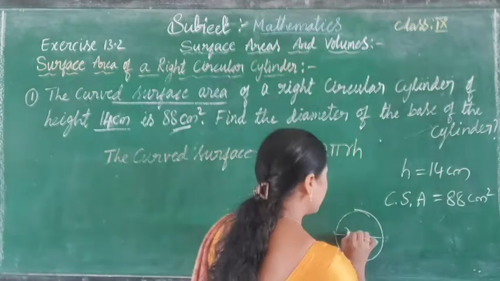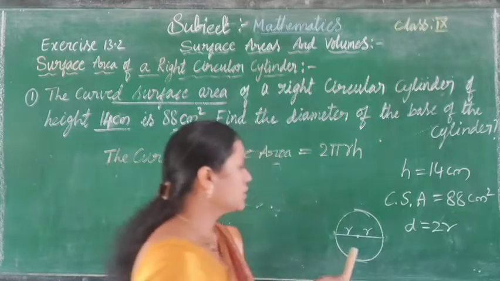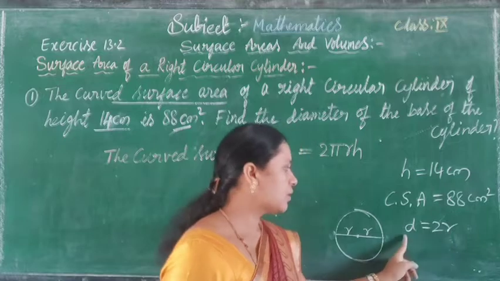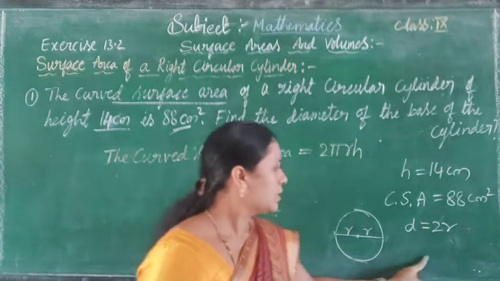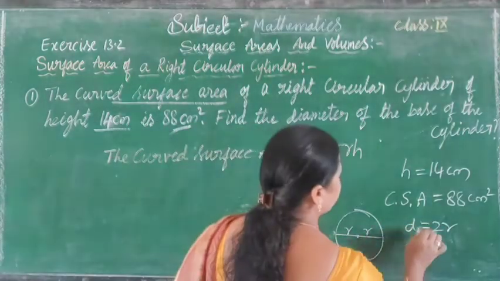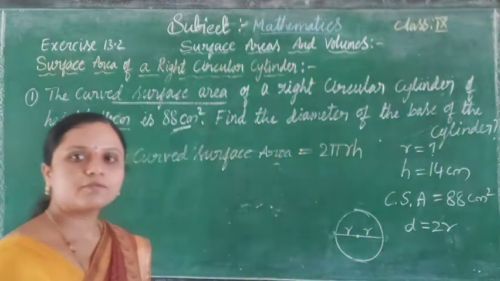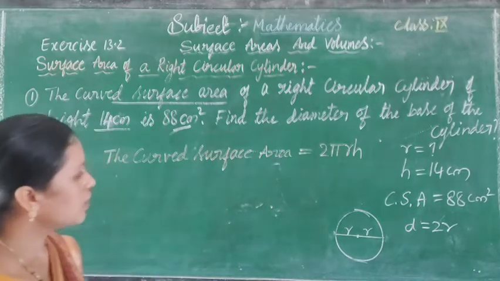Diameter is nothing but 2 times r, so r plus r. So diameter D is equal to 2 times r. First we can find the r, the radius of the cylinder.